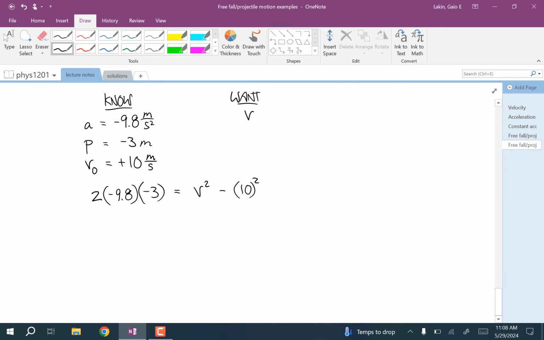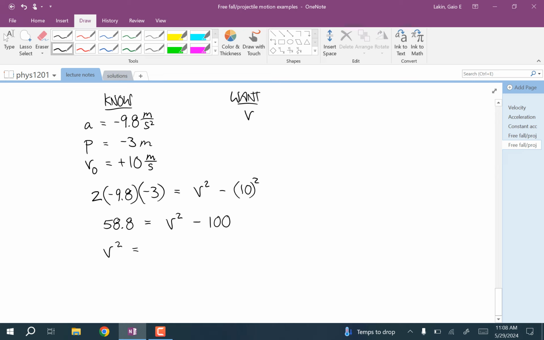If you multiply out the left side, you get 58.8, and that's equal to v squared minus 100. Add 100 to both sides, and you get that v squared is equal to 158.8.